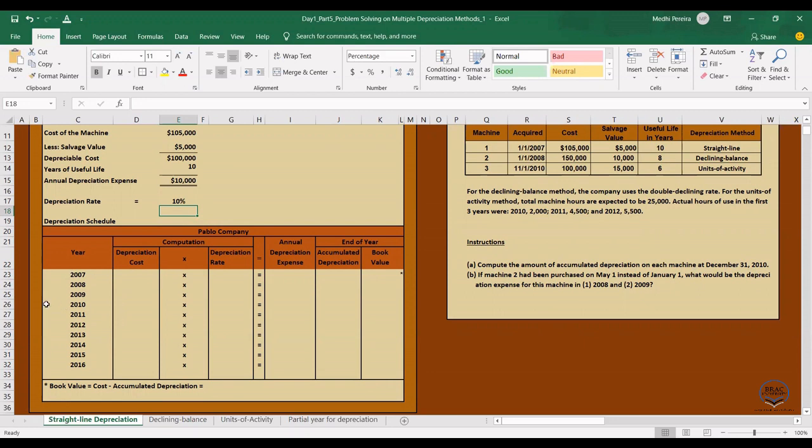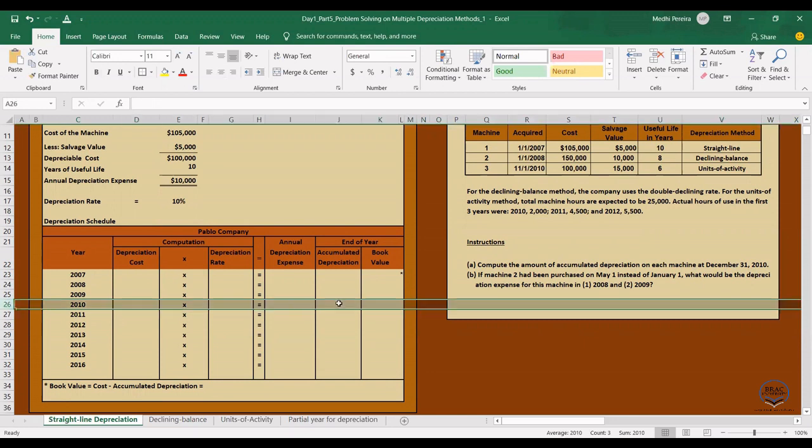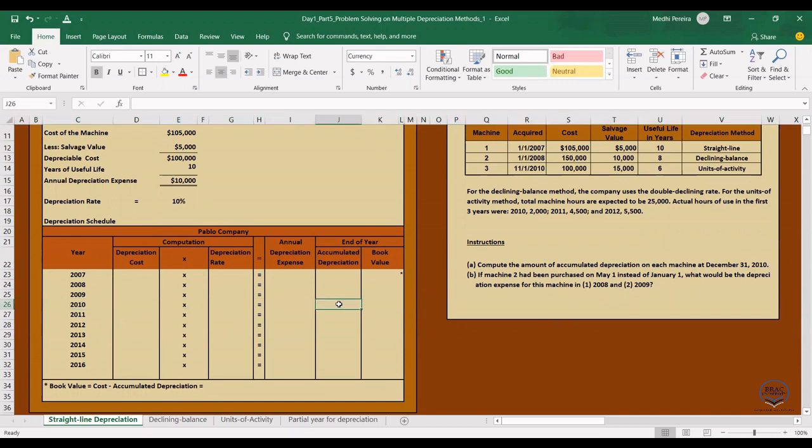So in order to solve this problem, we will have to do till this part. So this is the accumulated depreciation that has been asked to be computed in this problem.